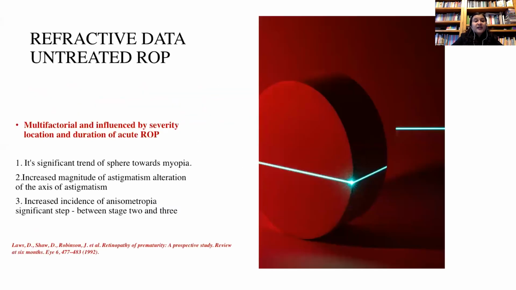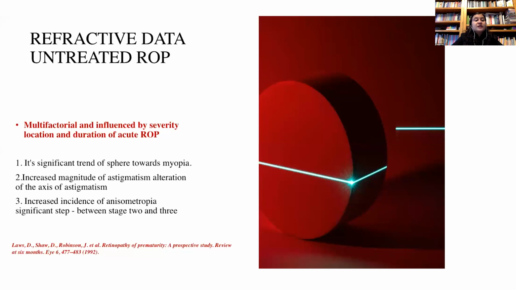So what about refractive data in untreated ROP? As we know, ROP is a complex, multifactorial phenomenon. It is influenced by the severity, location, and duration of acute ROP. Even in untreated ROP cases, we can see a significant trend of sphere towards myopia.